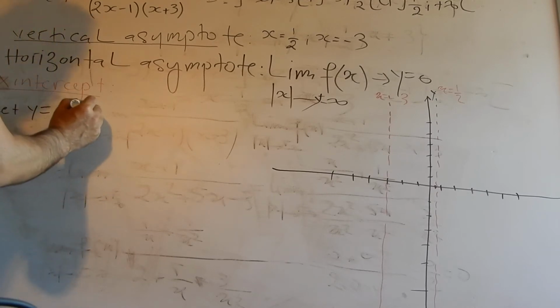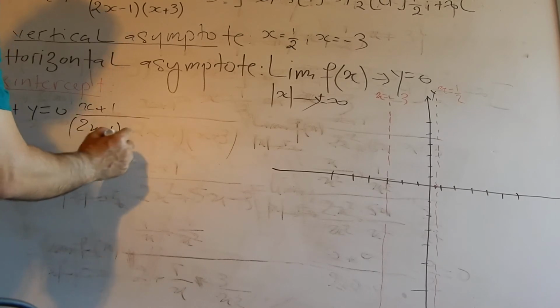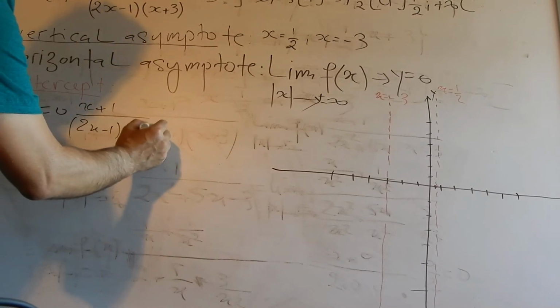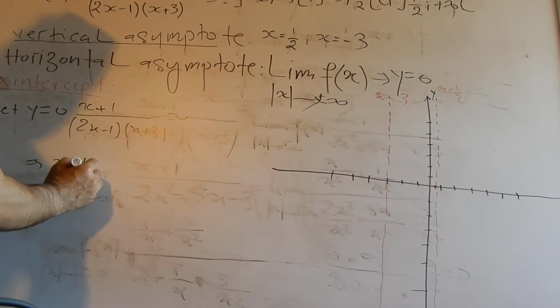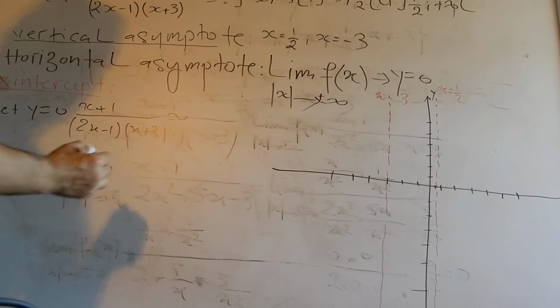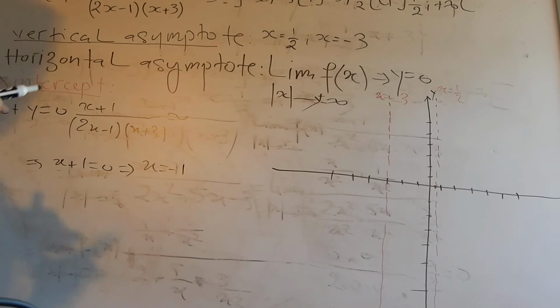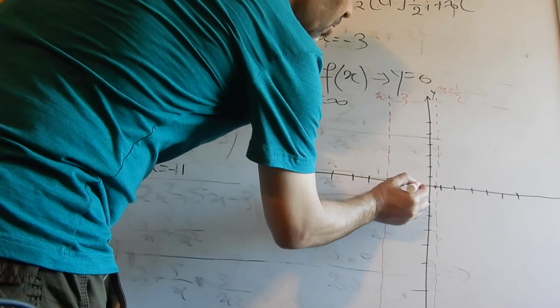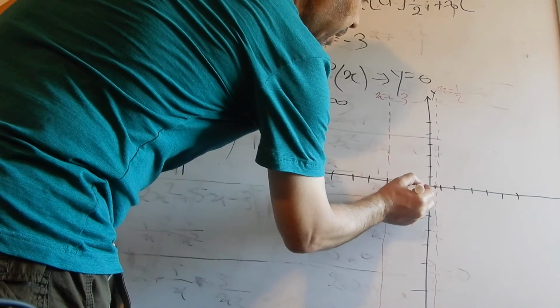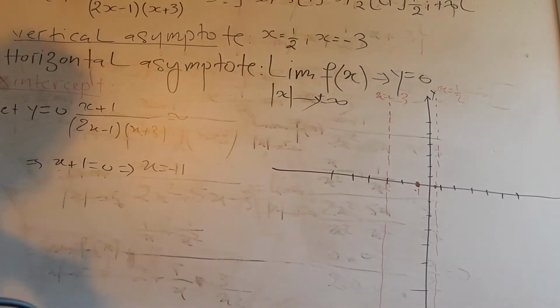That means (x plus 1) over (2x minus 1) times (x plus 3) must equal 0, which means x plus 1 equals 0, which means x equals minus 1. That means the graph is going to cross the x-axis at this point right here, minus 1. That's the first one.